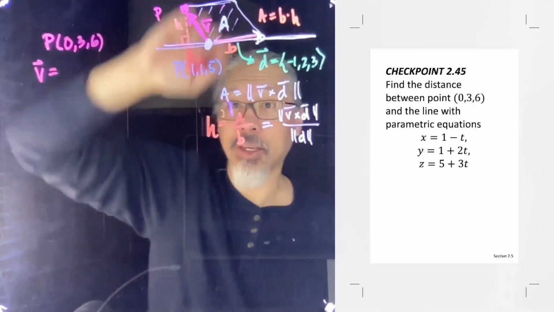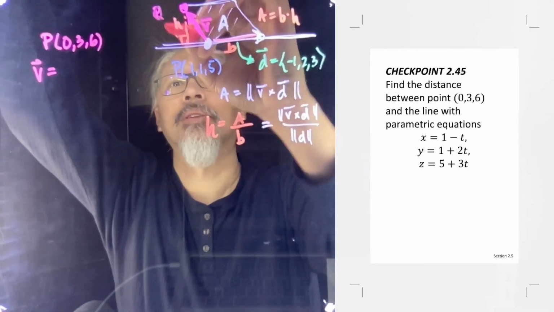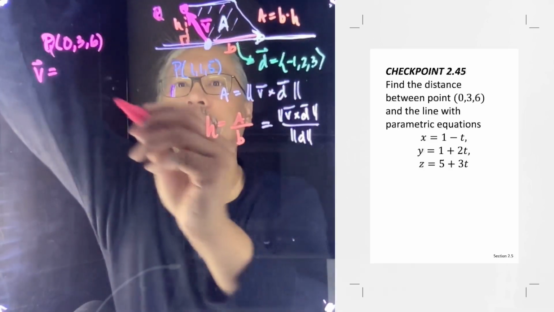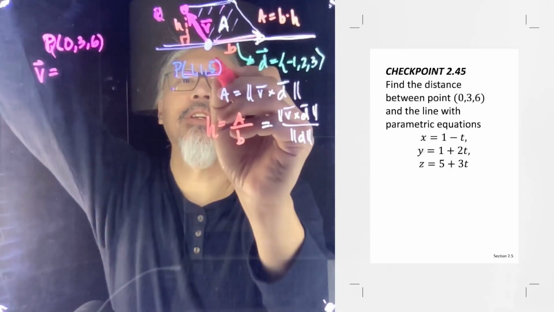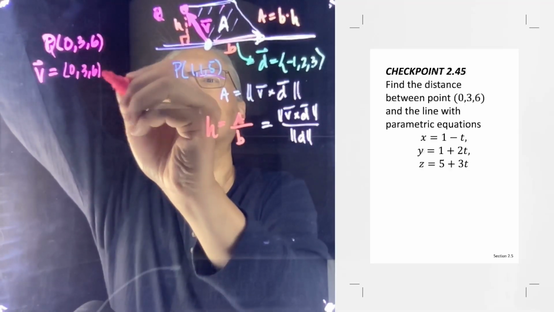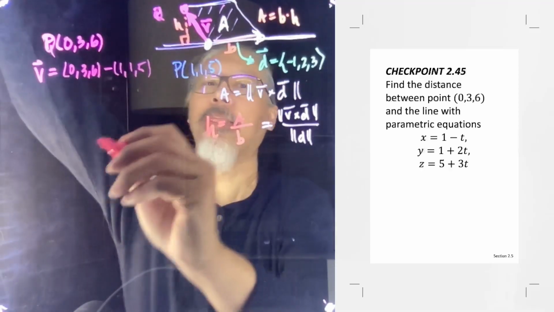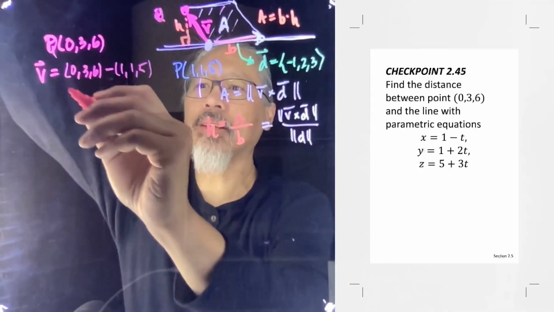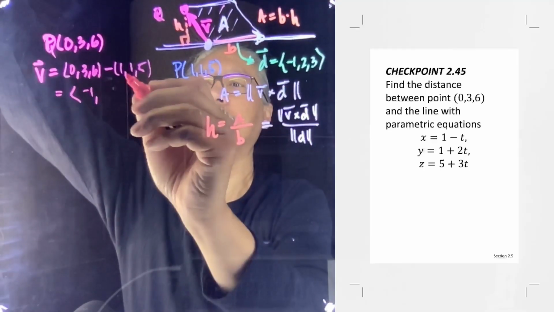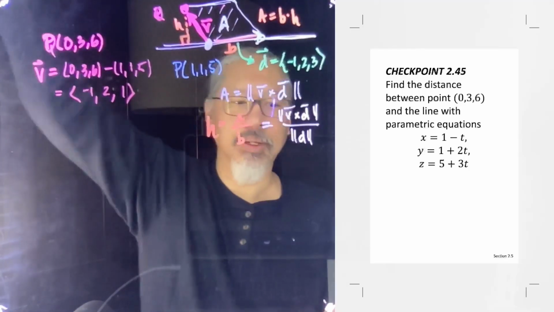Oh, they're both labeled P. Let's call this one Q, just to give it a name. It's not necessary to give it a name, but the vector v is what's important. So it's going to be (0, 3, 6) minus (1, 1, 5). That's negative 1, 3 minus 1 is 2, 6 minus 5 is 1.